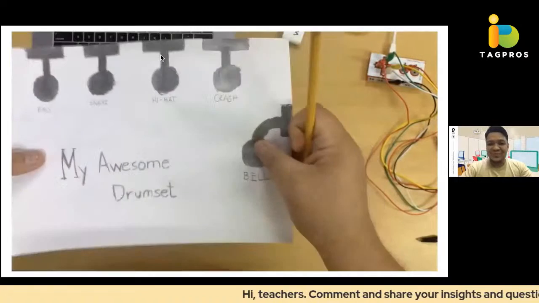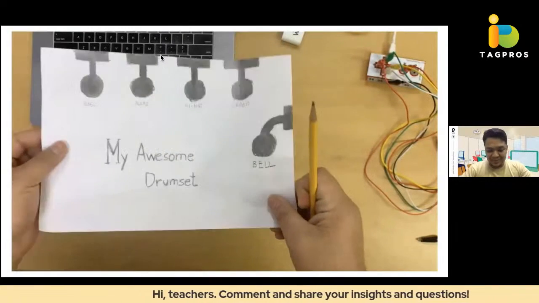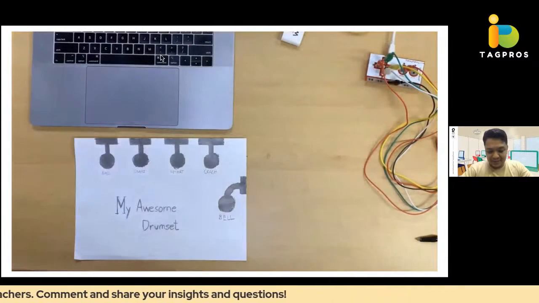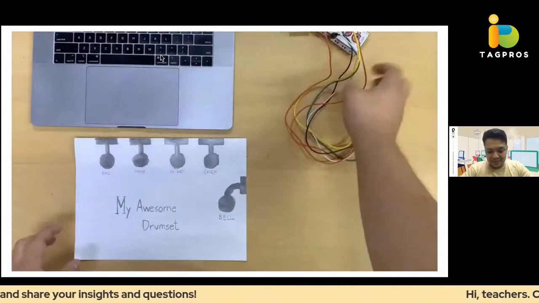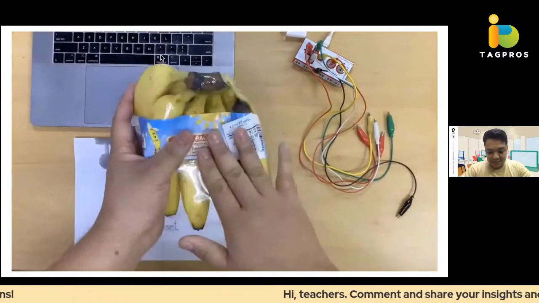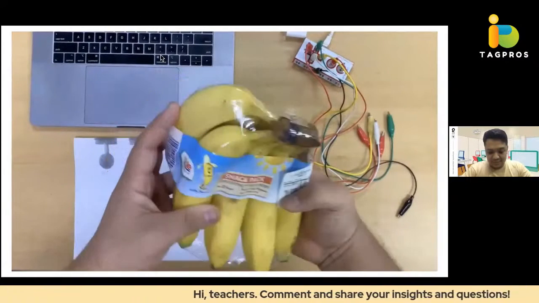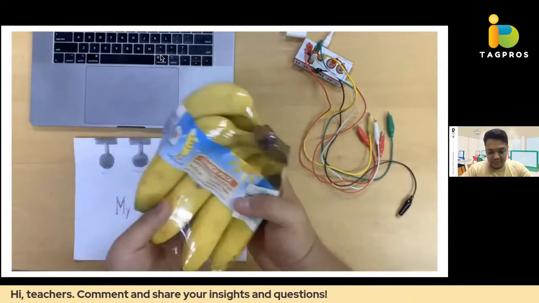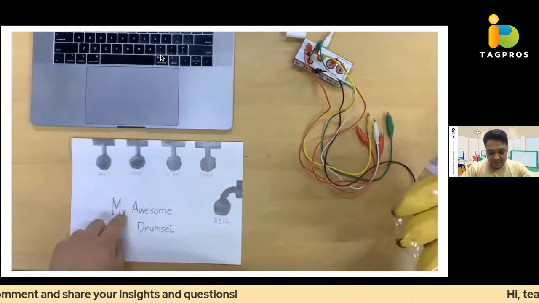So we will make use of this paper drum set, and we're also going to use banana buttons. So later we will try it out. But first, let's try it on the paper drum set that I made earlier.